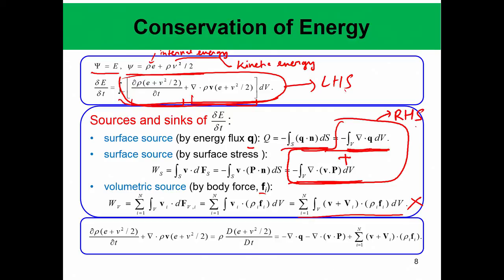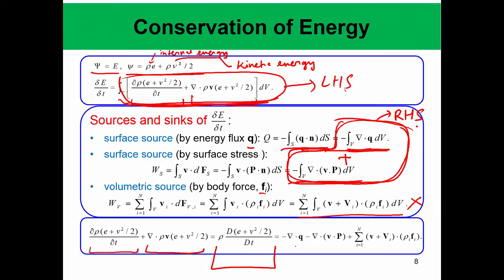If you collect this, what you get is the transient term, partial derivative of rho times specific internal energy plus kinetic energy, v square by 2, with respect to t, plus the advective term, the divergence of rho velocity vector times specific internal energy plus v square by 2. This can be written in material derivative format, that is rho times the total derivative of E plus v square by 2 divided by dt.